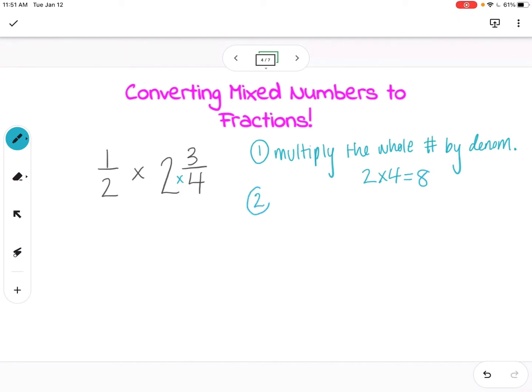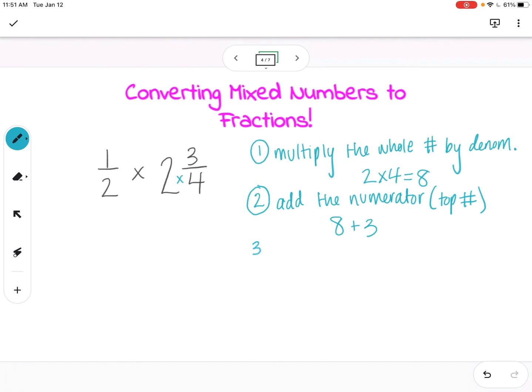Then our second step would be to add the numerator, and we're going to add it to that product. So we are going to take that 8, and we are going to add the 3 more, since that is our top number. Remember, numerator is the top number in case you forgot.